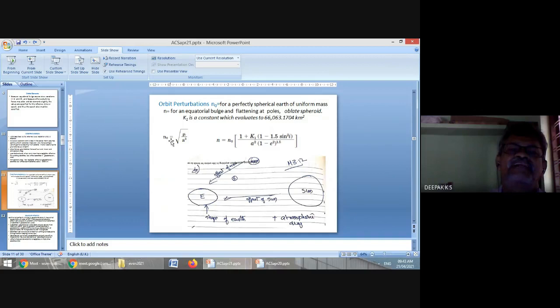So we had written an expression for n. However, rather than n, actually there is an n0, which is for a perfect spherical Earth of uniform mass.